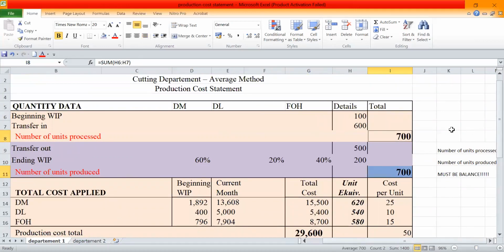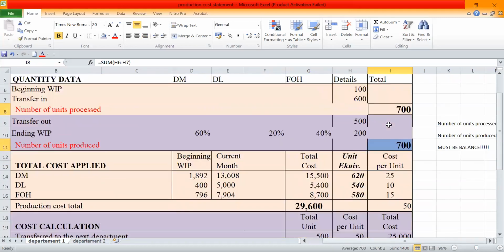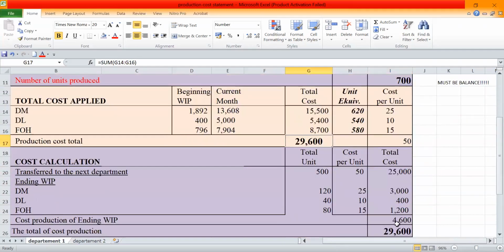So because these units are balanced, of course the rupiah or dollar amount in the second and the third part will also show the exact same number.